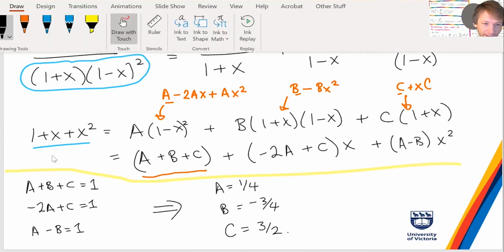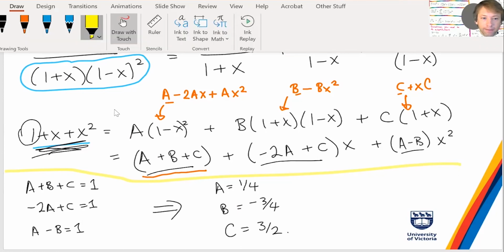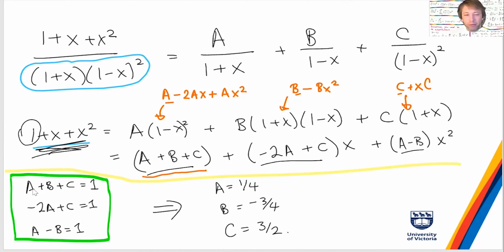And because there's a 1 here, this thing has to add up to 1 because the coefficient of x here is 1. So I write this system of equations. I guess you probably know how to solve systems of 3 equations.